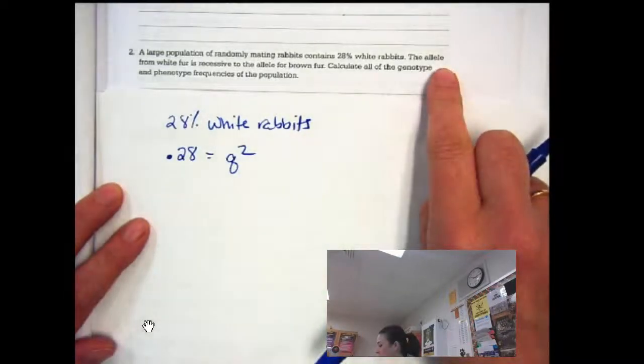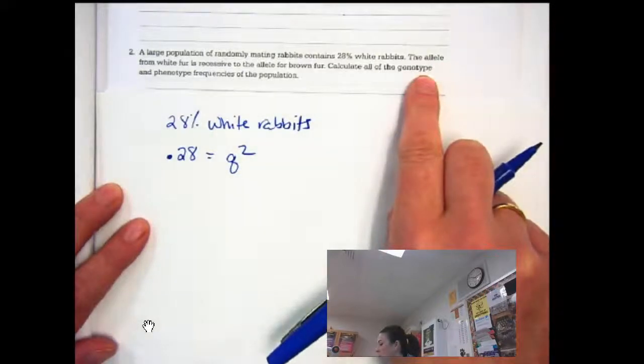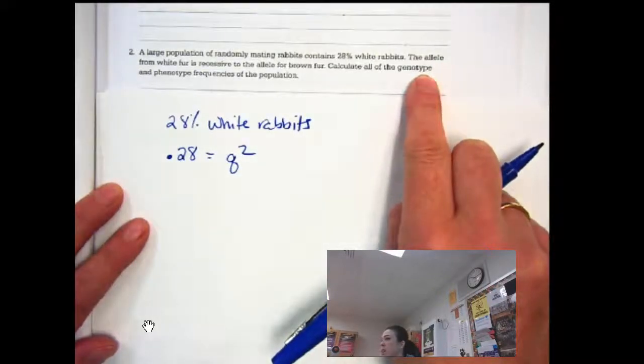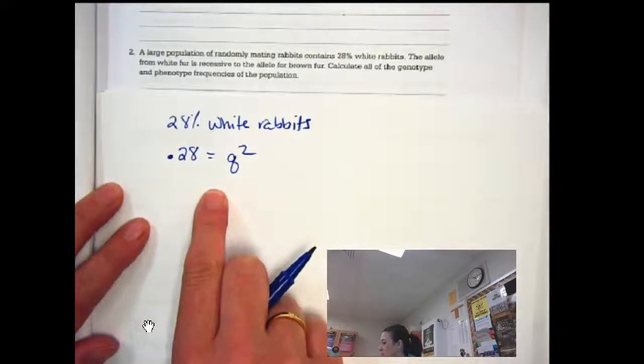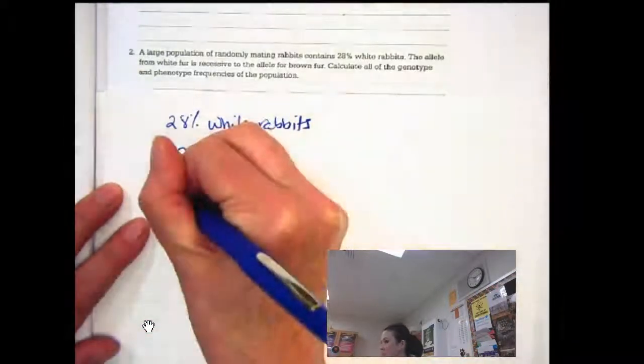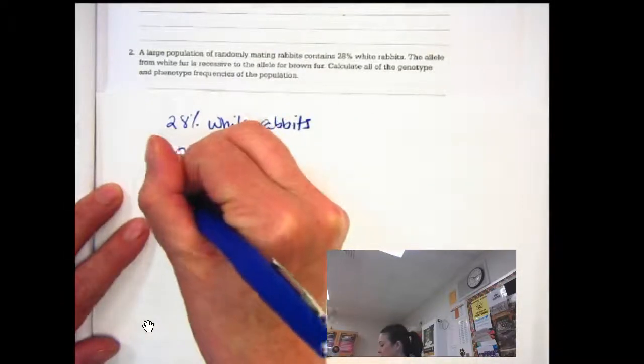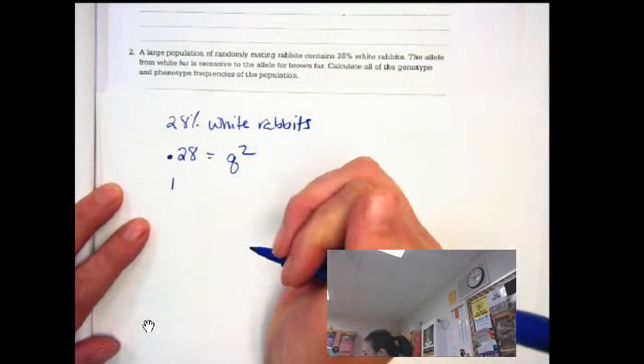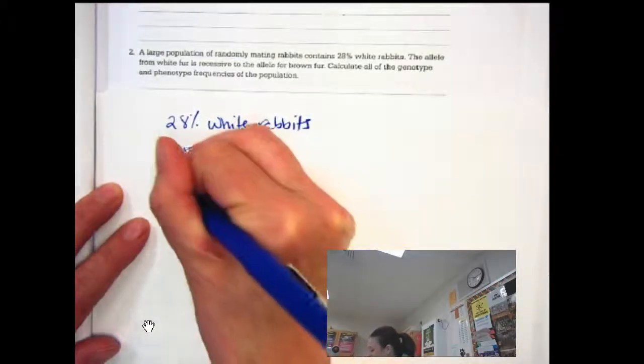Once we know that, we can calculate all of the genotypic and phenotypic frequencies for the population, now that I have Q squared. Let's see, what's dominant? Brown.